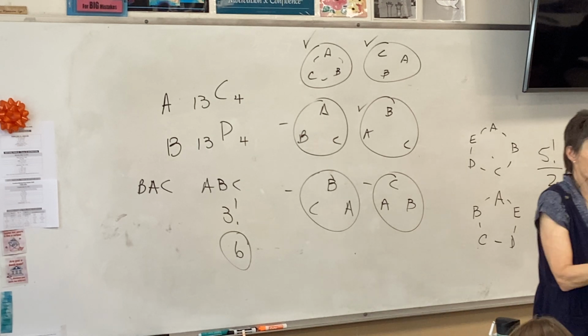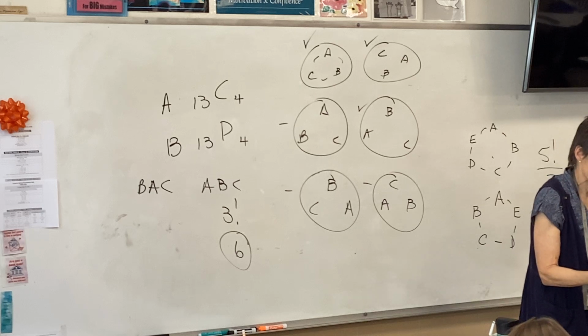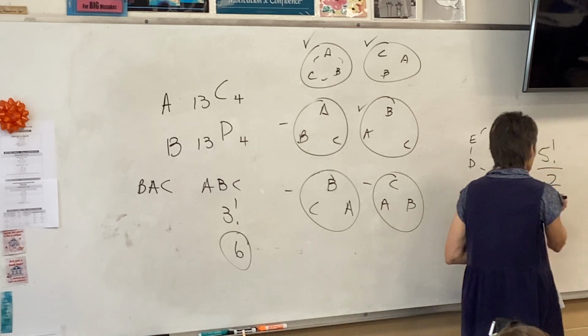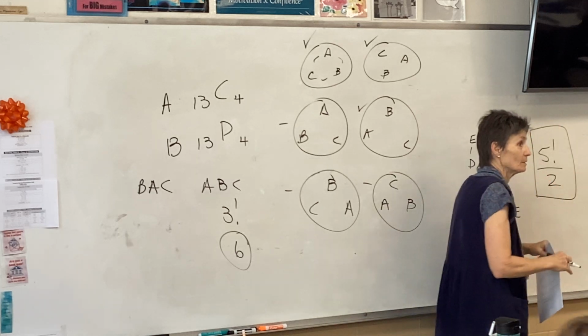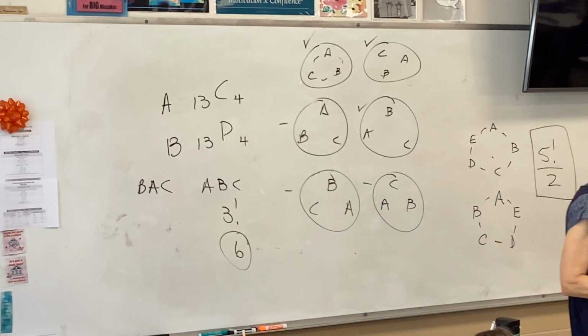Okay, the answer to question B would be 5 factorial over 2. Because there are 6 beads, and you are putting them in a circle, so that makes 5. And divided by 2, because I can hold that necklace up and we can look at it from both sides.